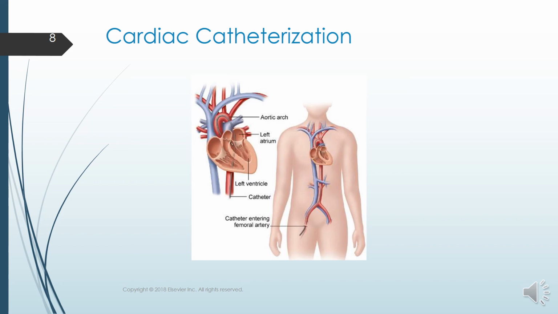So if they put that catheter up there, they can go into either the right coronary artery or the left coronary artery and shoot some dye in there and be able to see what's going on in those coronary arteries. You see the picture there on the left that shows where the catheter has gone up through the aorta right over to right above the aortic valve there.